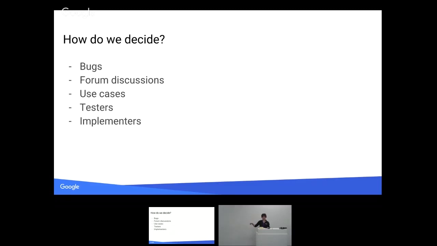There is someone using that. I know because we broke it and they complained, but it's not the common use case, okay? So for things like that, we might instead suggest workarounds for the person. We might try to help, but we aren't necessarily going to change things in core Blockly. On the other hand, if it's a bug that basically everyone's going to hit, like, hey, you made the keyboard unusable, we're going to find out about that pretty fast, and we're going to work to fix that really fast.